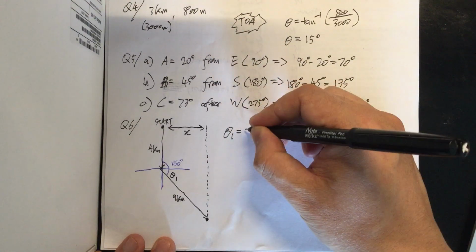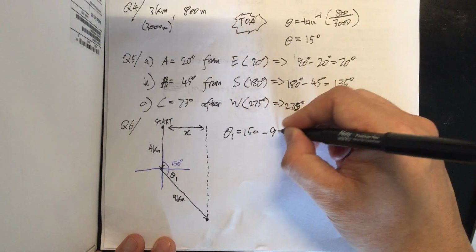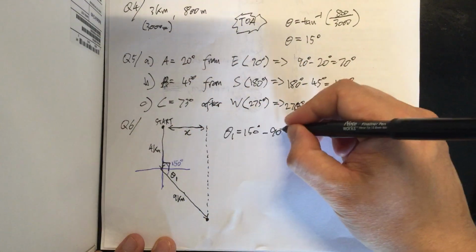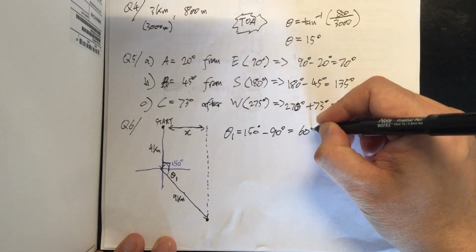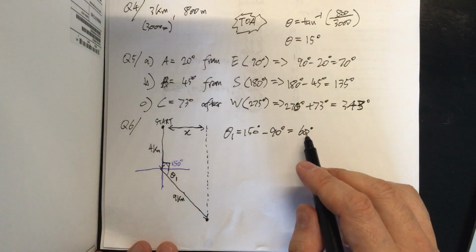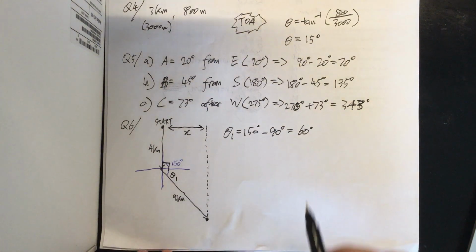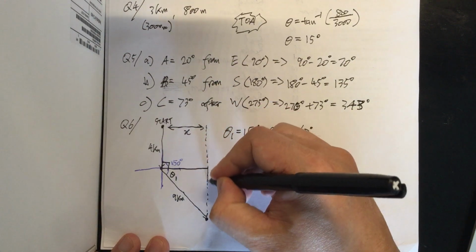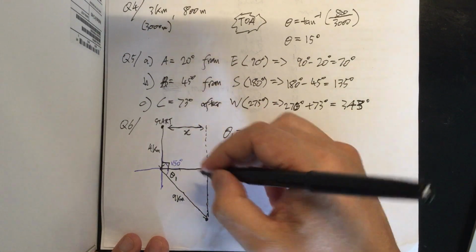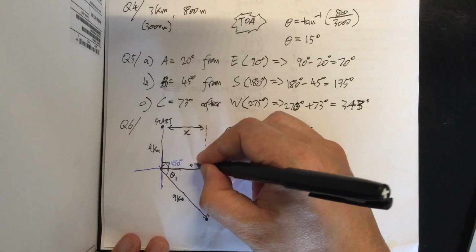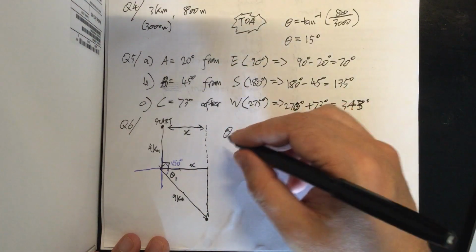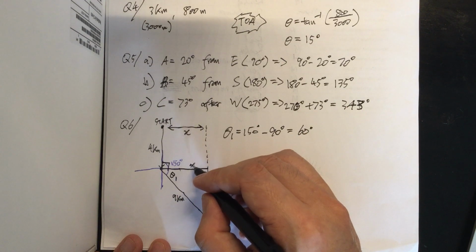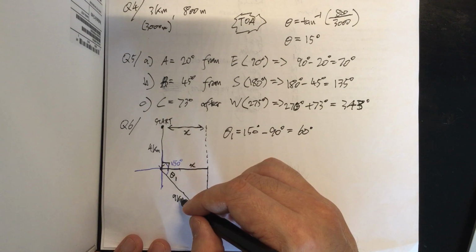Theta 1 is 150 take away 90. Remember, this angle is 90 degrees. The entire span is 150 degrees, so theta 1 is 60 degrees. Now you're able to create a little triangle here, and this part is x. That seems to be adjacent, and that seems to be hypotenuse.